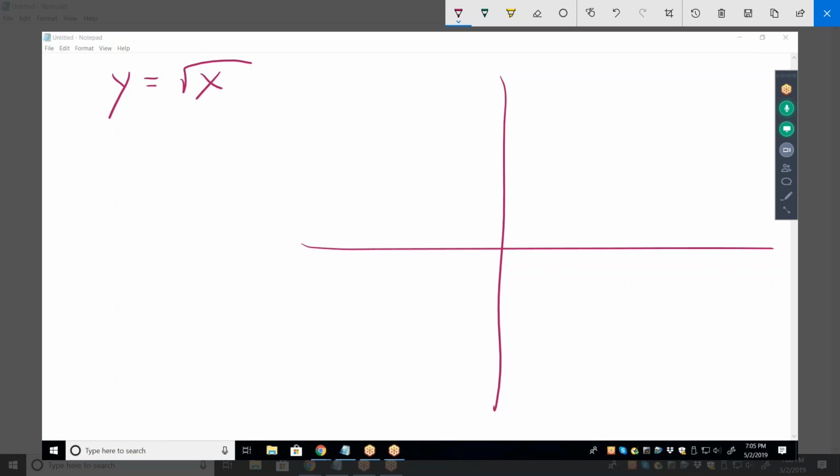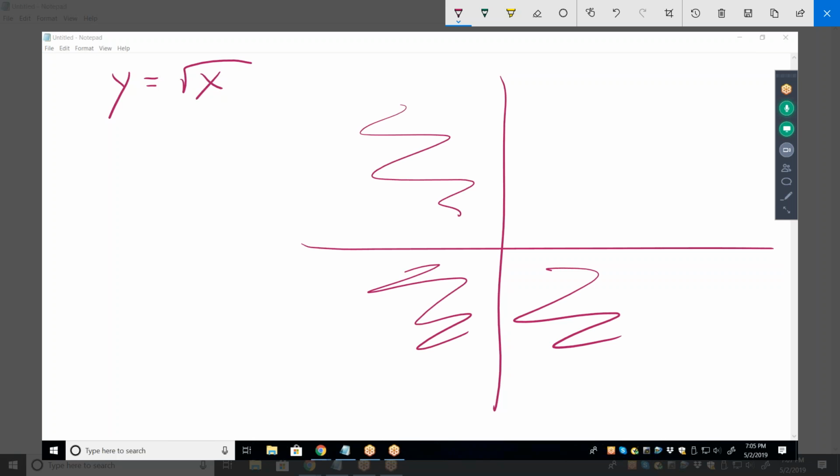Of y? Well, that's the range. Everything that's equal or above 0. Yes. So there's not going to be anything down here, down there, or down there. In other words, x can be 0 and y can be 0, but everything else looks like that.